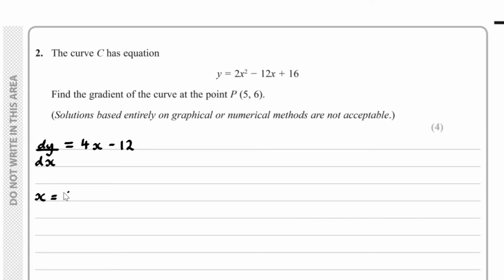When x is equal to 5, we can find out the gradient of the curve at the point x equals 5. And so dy over dx, in this case, we have 4 lots of 5 minus 12, 20 minus 12, that's equal to 8. And so the gradient of the curve at the point P is 8.